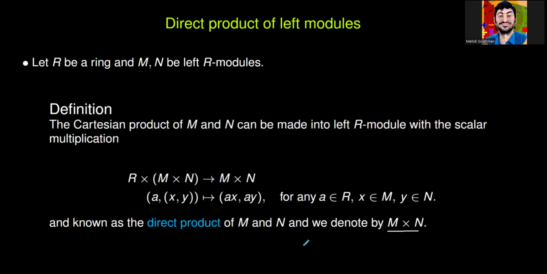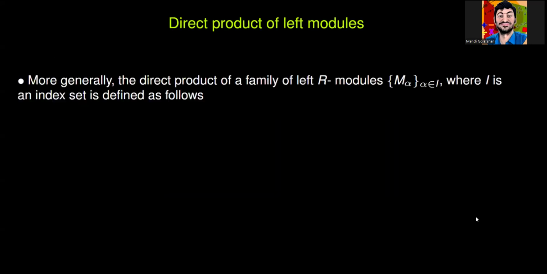This is known as the direct product of M and N, denoted by M times N. So let's go to the next part.